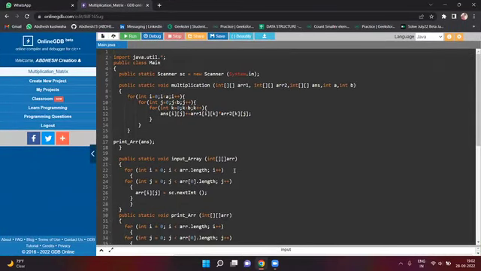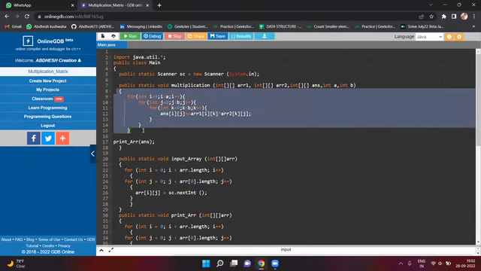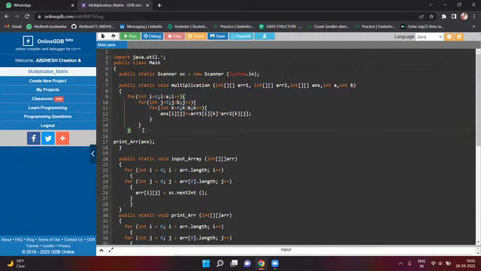Here's the code of multiplication. You have taken ARR1 into ARR2. Let's suppose the first matrix is of size 3 cross 2 and the other is of 2 cross 3. Please add a check condition whether we can multiply the matrices or not.